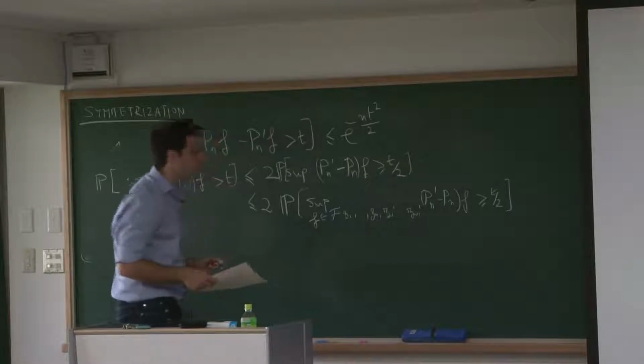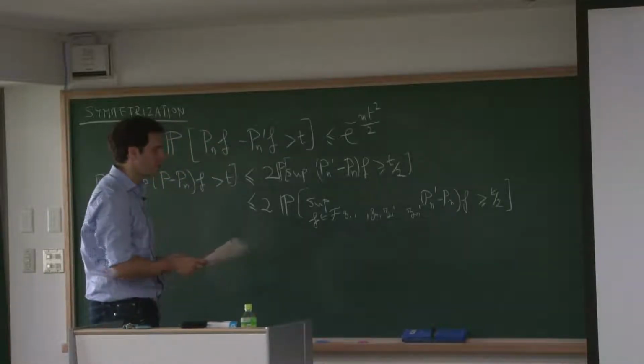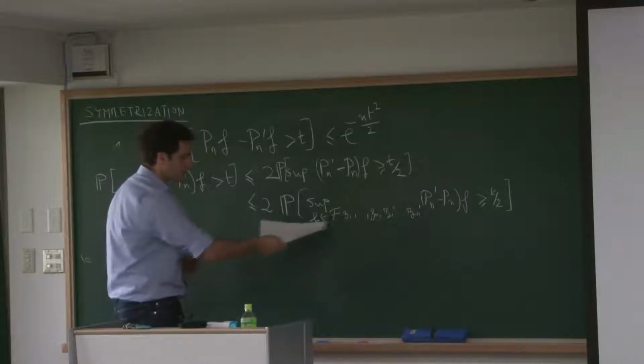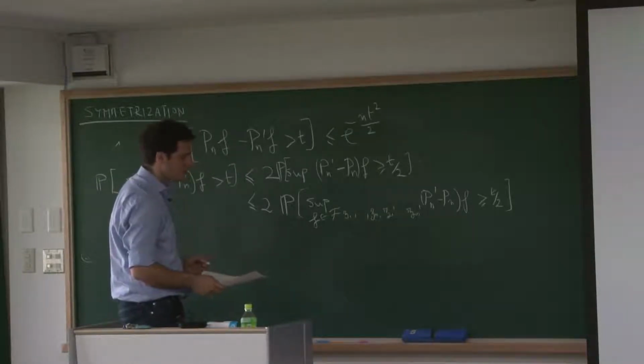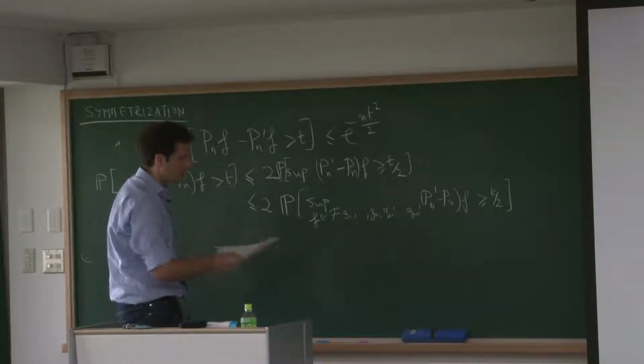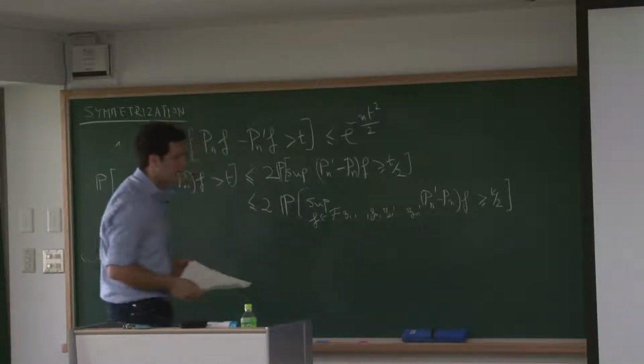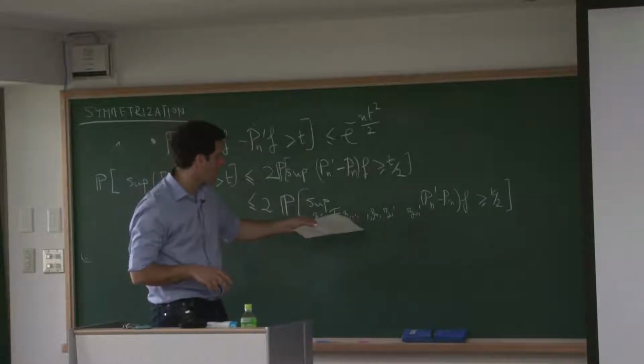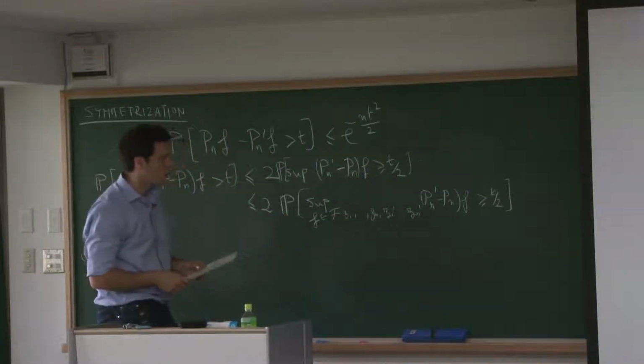So here we are going to use again a union bound. This is a finite set. The size of a set like this is what we call the shattering number of f on z_n, and the supremum of this is basically the growth function.